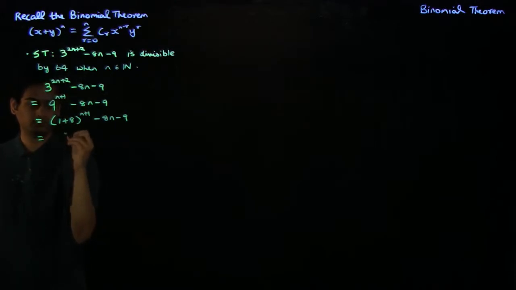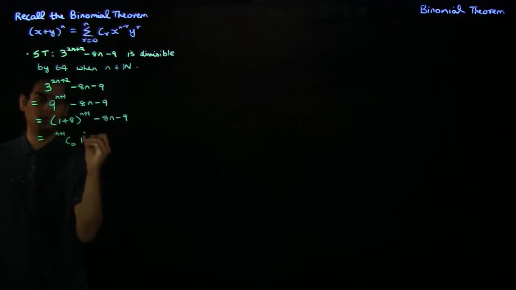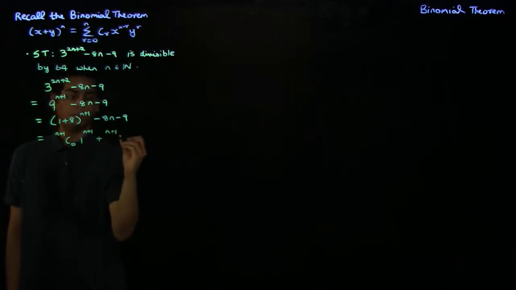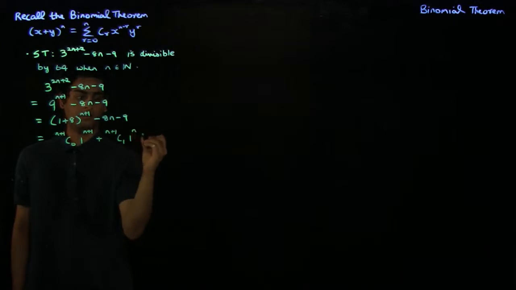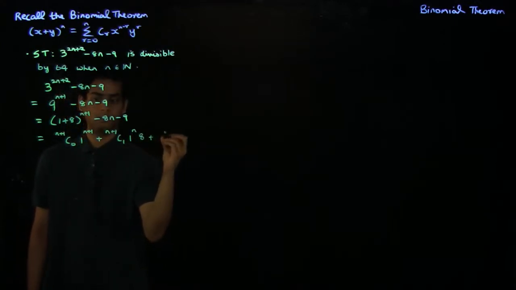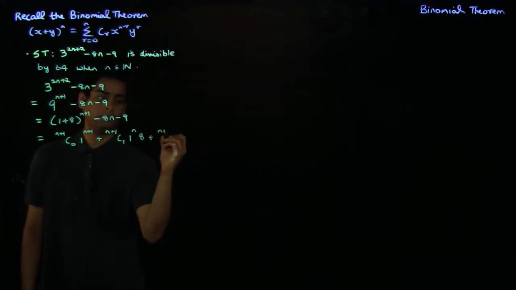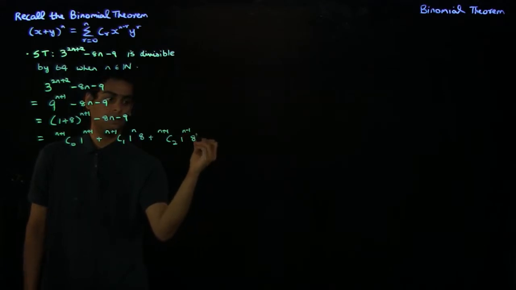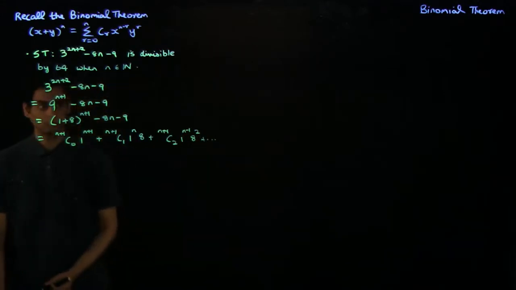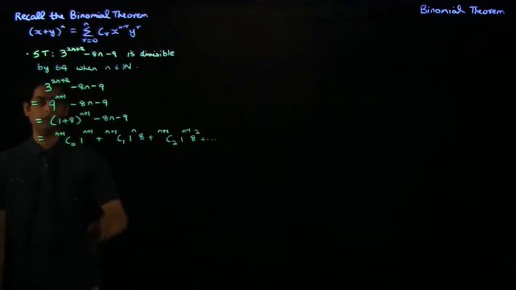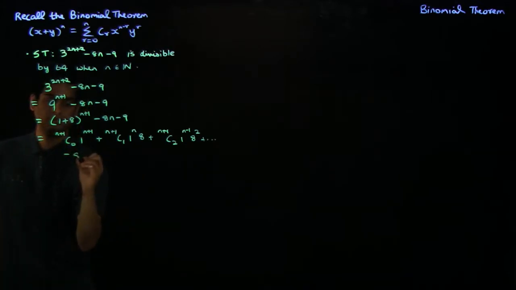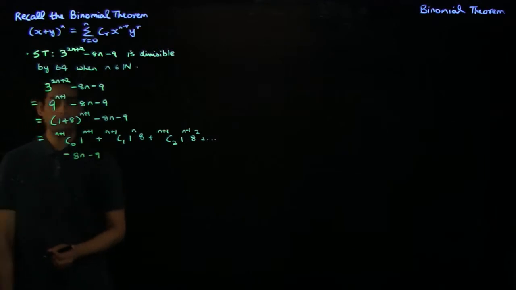So this is nothing but (n+1)C0 times 1^(n+1) plus (n+1)C1 times 1^n times 8 plus (n+1)C2 times 1^(n−1) times 8 squared, and so on. We'll be concerned about the higher order terms later, and we're still subtracting 8n and 9 from this term.